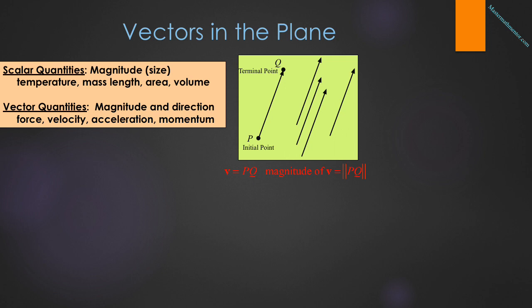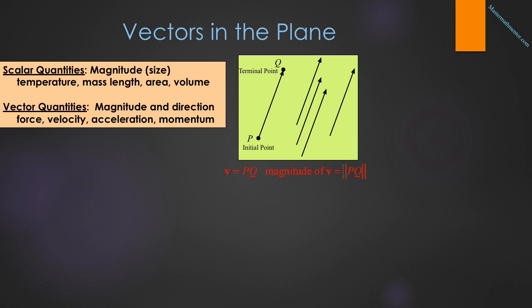The directed line segment, PQ, has initial point P and terminal point Q, and we denote its length or magnitude with two lines, and it is written the magnitude of PQ. So vector V is PQ, and its magnitude is written as the magnitude of PQ.